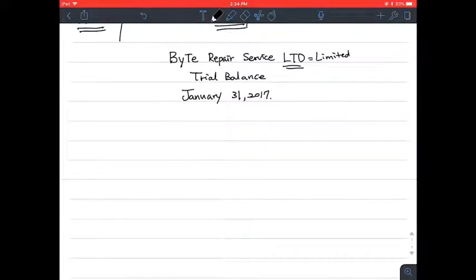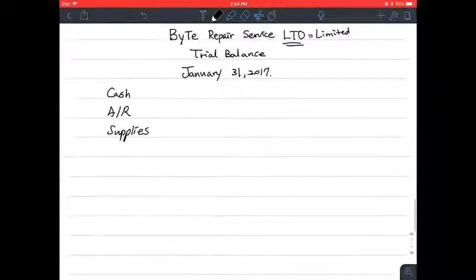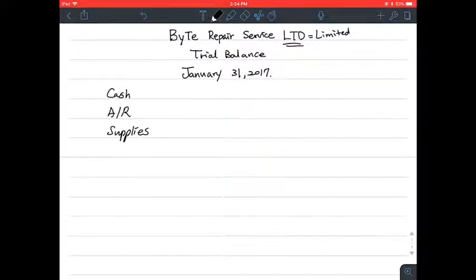Okay, so we had cash, account receivable, supplies. We simply just write all the accounts that we know of in the trial balance. And prepaid rent, equipment.